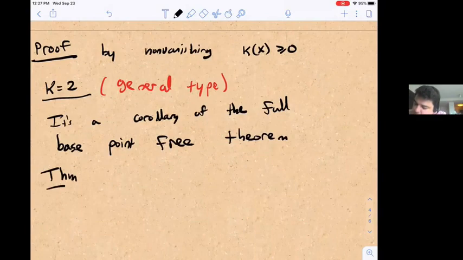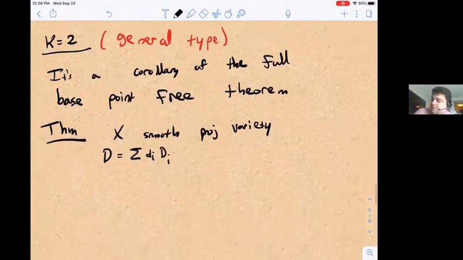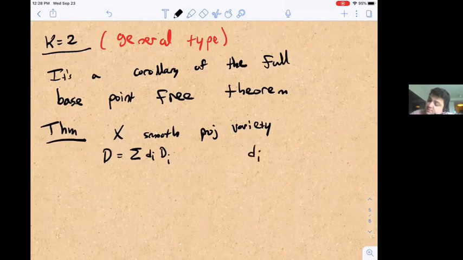So suppose x is a smooth projective variety, and D is a divisor, so some linear combination of prime divisors Di. Let's suppose that these coefficients are rational numbers, but they're between 0 and 1.